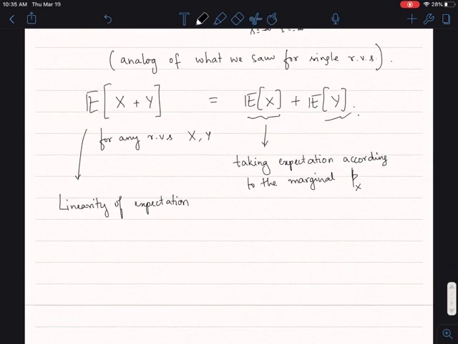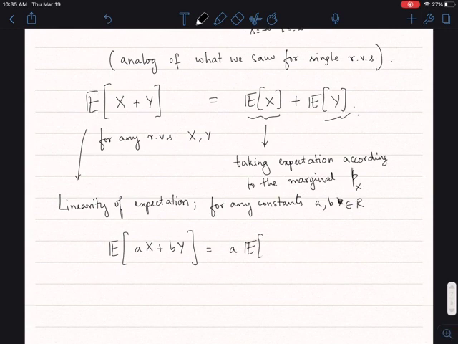In fact, you can derive a slightly more general version of this. If you have any constants a and b, they don't have to be bigger than 0, but they are real numbers, then the expected value of ax plus by equals a times the expectation of x plus b times the expectation of y.